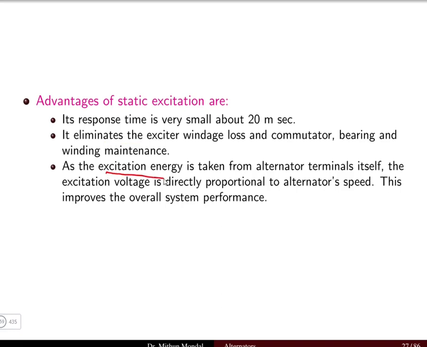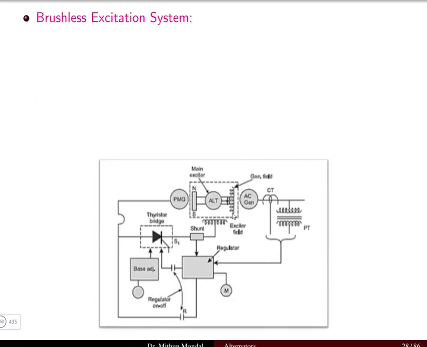As the excitation energy is taken from the alternator terminal itself, the excitation voltage is directly proportional to the alternator speed. So we see that the output of the alternator itself is exciting the field winding. So the voltage will be proportional to the speed of the alternator. This will improve the overall system performance.